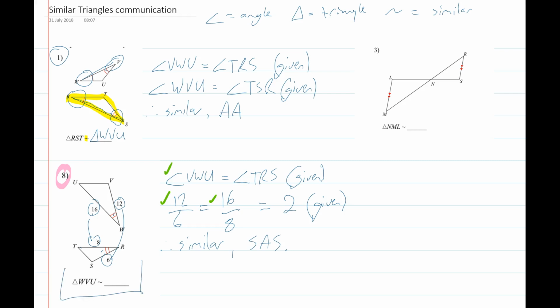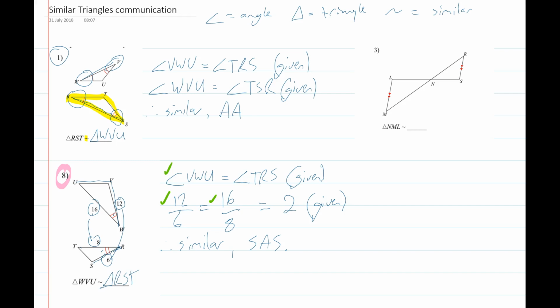And complete the similarity statement down the bottom. Triangle WVU and back will be the same as triangle R. Now it's the 12 side we're going up first, so we're going up the 6 side. So RST, there we go, RST.